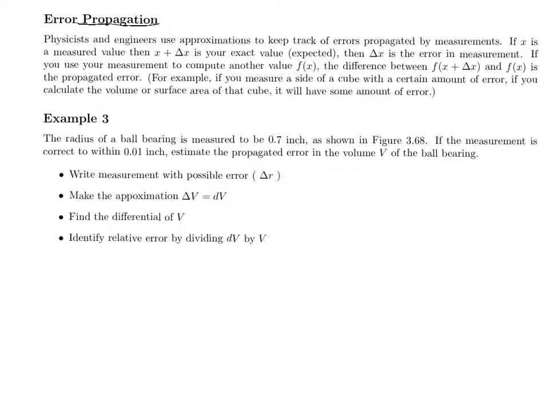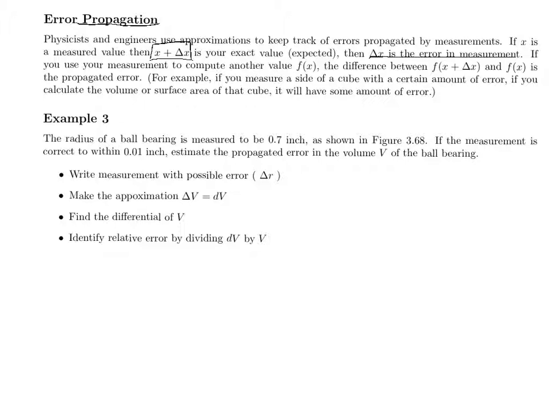So we would say that our exact value, our perfect value, would be x plus some little bit that we don't know how much it is, because we can't ever be perfectly perfect. Then that delta x is your error. So it's a differential. Your error is like a differential.